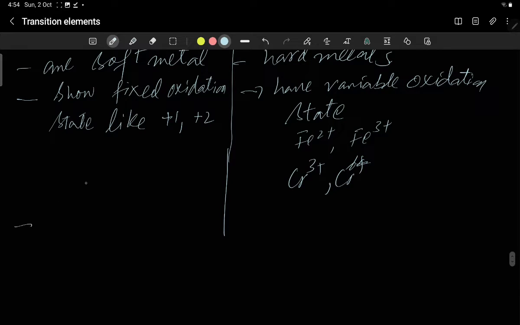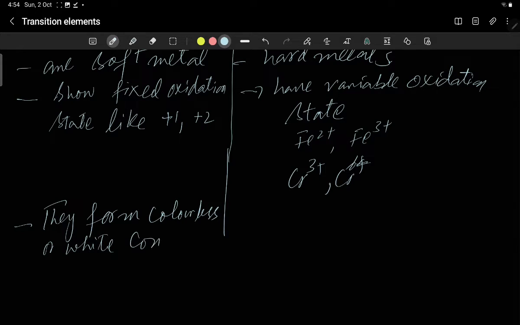S block elements form colorless or white compounds, but transition elements form colored compounds.